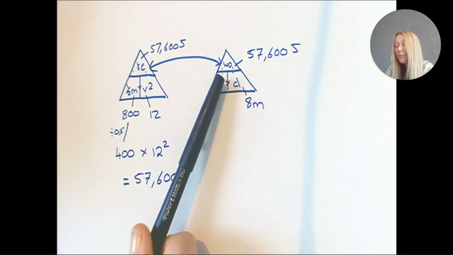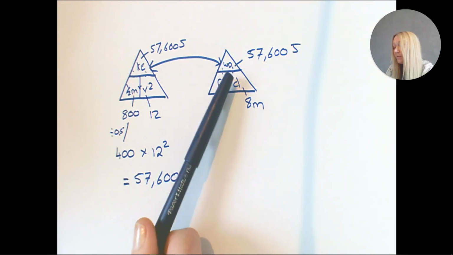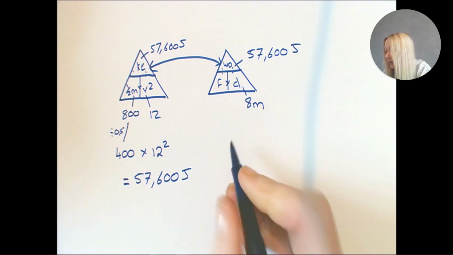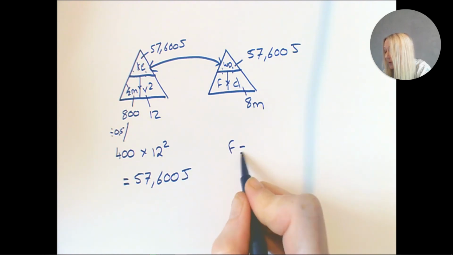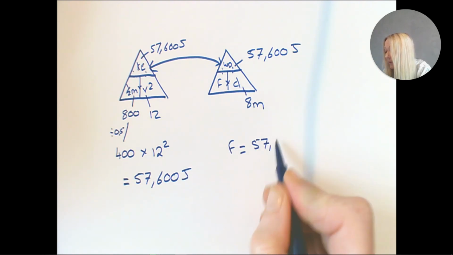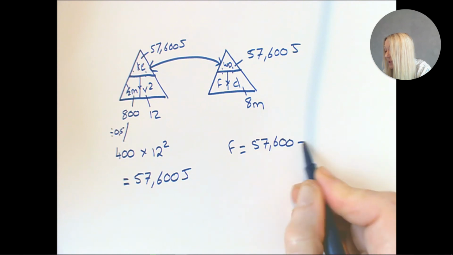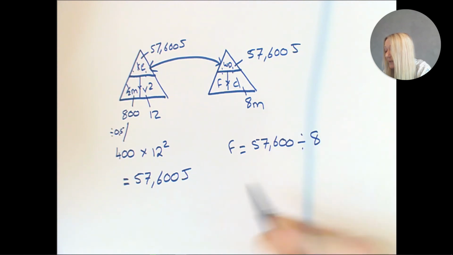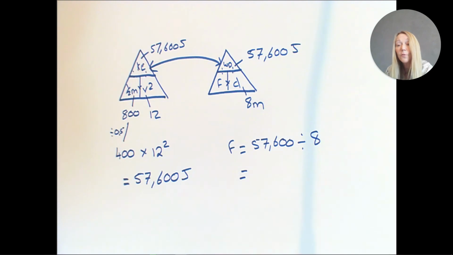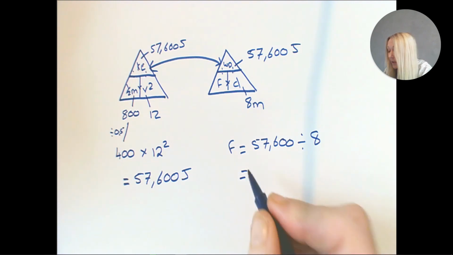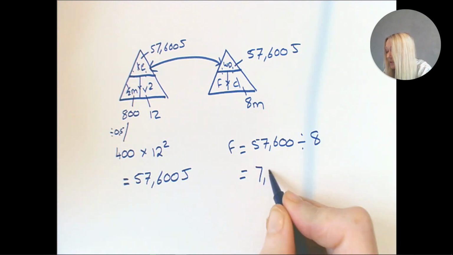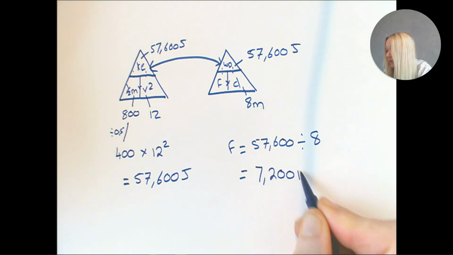So again, we cover up the force, we get work done divided by distance. So the force will equal 57,600 divided by 8, which gives us the force applied by the brakes of 7,200 newtons.